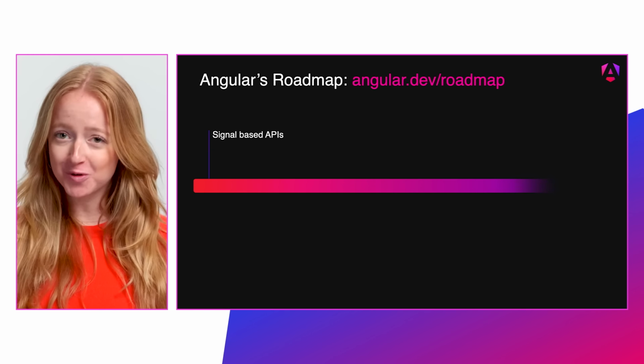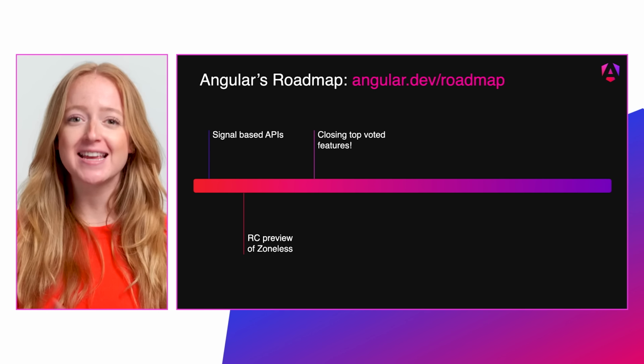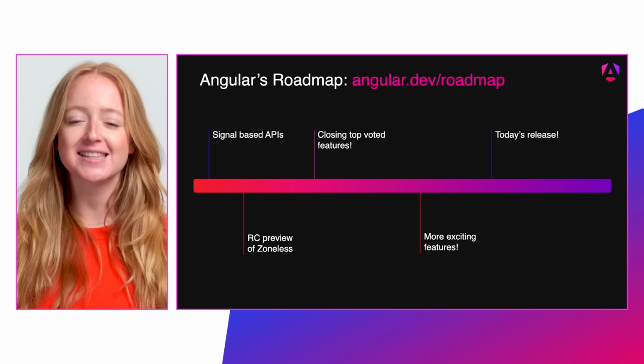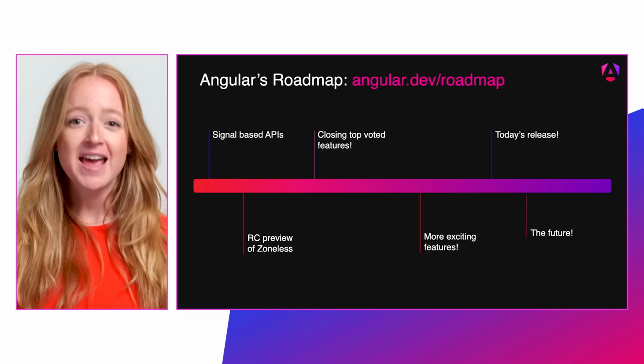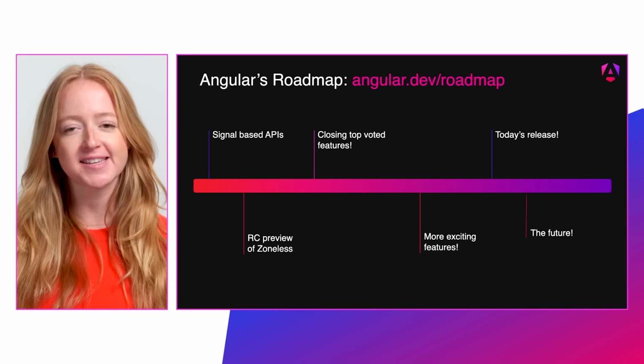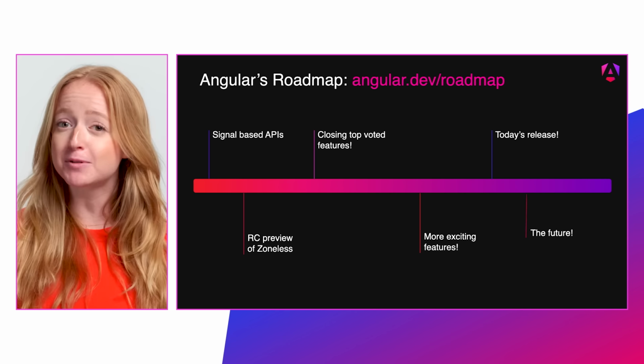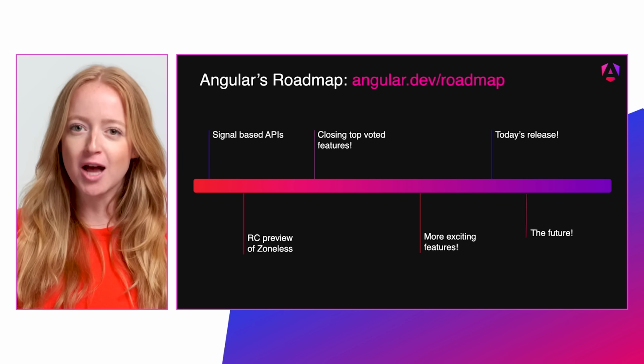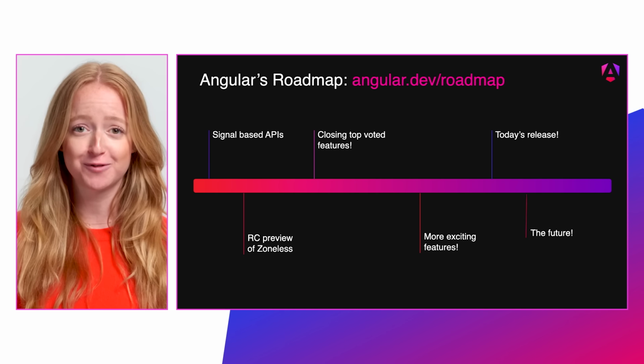You know what's even cooler? Most of these featurettes actually happened in a minor release leading up to today. That means you don't have to wait 6 months for the next enhancement to your Signal APIs, another step towards Zoneless, or one of your top voted issues being resolved.